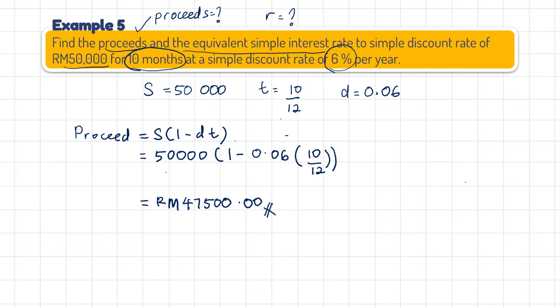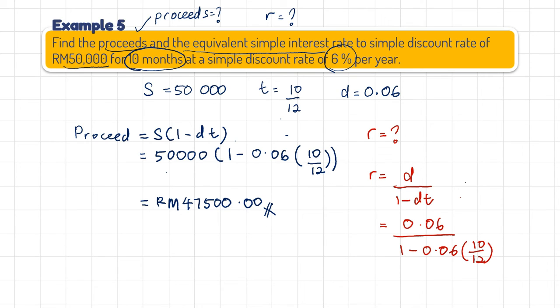The next question is we need to find the equivalent simple interest rate. We are going to use the formula d over 1 minus dt. Our d is 0.06 divided by 1 minus 0.06 times 10 over 12.